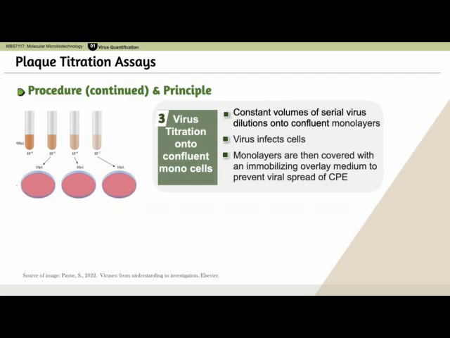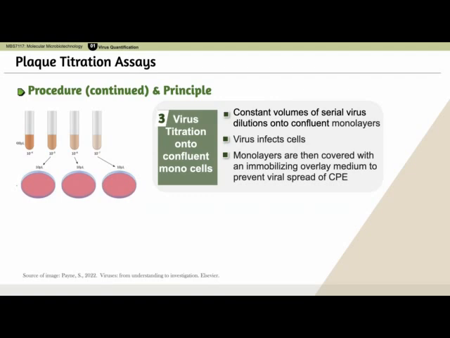Get 10 microliters of our virus diluted at 10 to the minus 3, put it in the second row of our 6 well plates. Get 10 microliters once again of our virus diluted at 10 to the minus 4, put it in the third row of our 6 well plates.